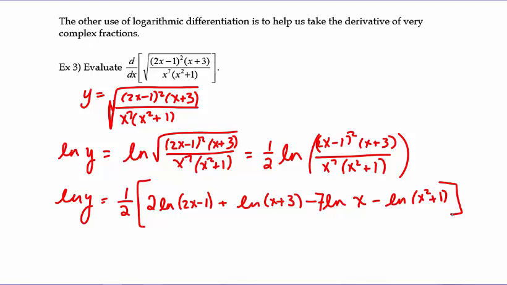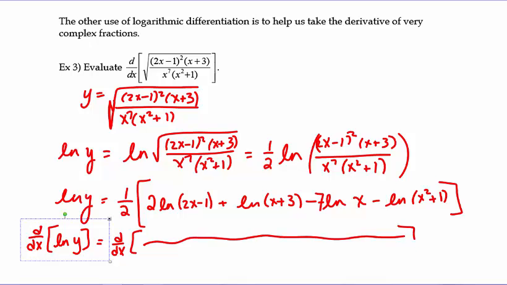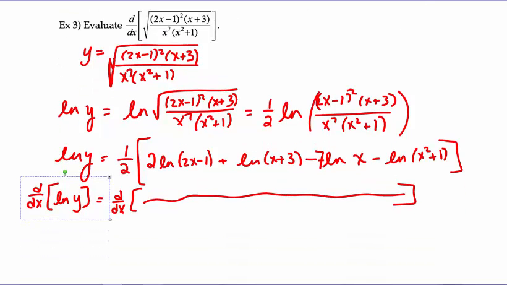Okay, so then I have this, and now if I want to take the derivative, I can take the derivative of both sides, the derivative of all of that.